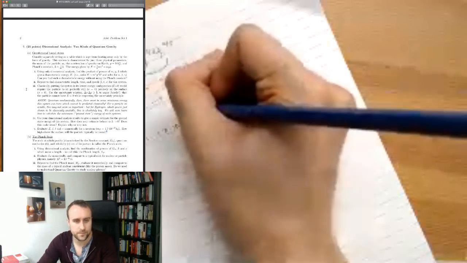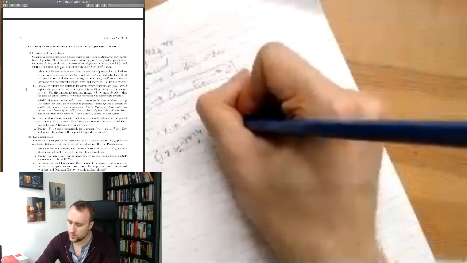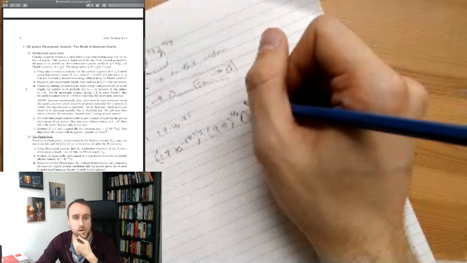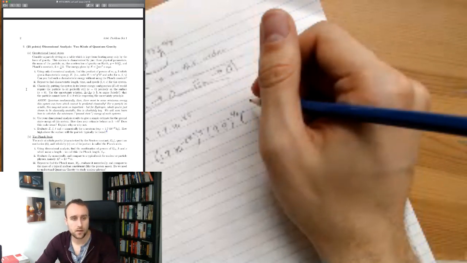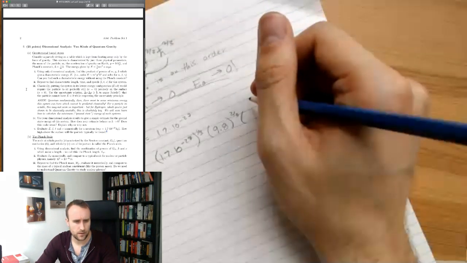So we know that M is equal to 1.7 times 10 to the negative 27. So we have 1.7 times 10 to the negative 27 to the power of 1/3, times 9.8 meters per second squared to the 2/3, and then what is Planck's constant?